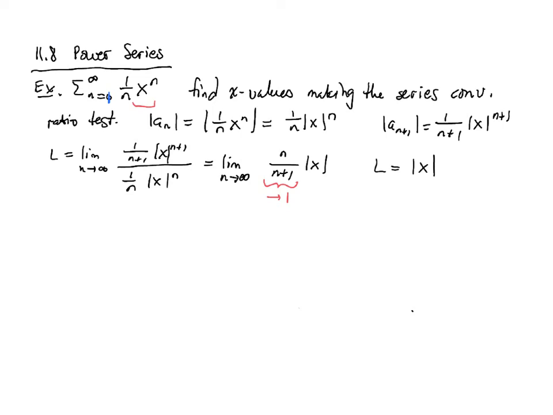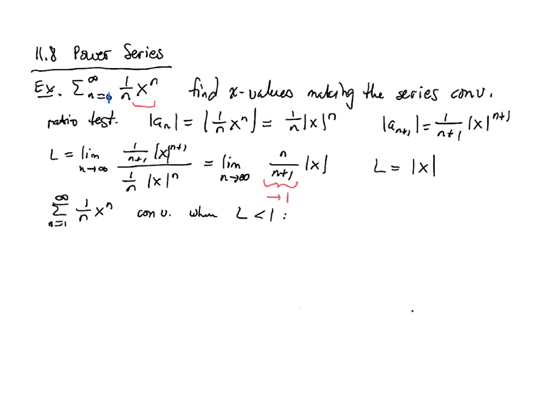Now the conclusion that we get from the ratio test is that the convergence or divergence of this series depends on the value of L. So this series, the summation n equals 1 to infinity of 1 over n x to the n, converges when L is less than 1.